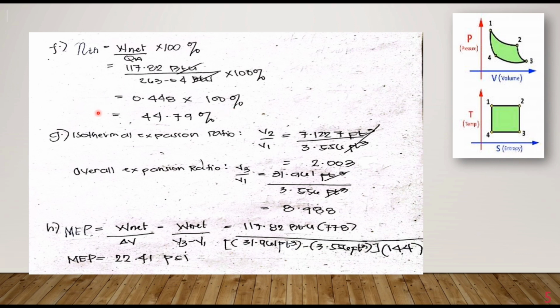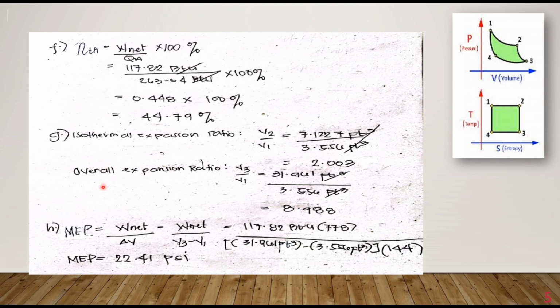So our efficiency is equal to 44.79%. And for our G, isothermal expansion ratio, we have V2 over V1. So our V2 is equal to 7.1227 cubic feet over 3.556 cubic feet. So cancel the same unit. So we get the isothermal expansion ratio of 2.003.